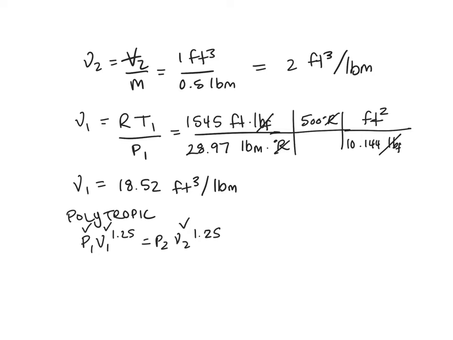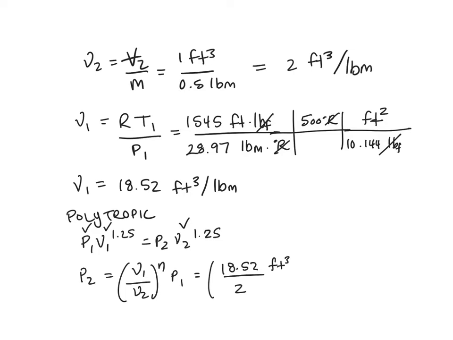So we can do a little bit of algebra here, and pressure 2 is going to be equal to V1 over V2 to the n times P1. And we put numbers in here, we're going to have 18.52 over 2. Both of those are in cubic feet per pound mass, so that'll cancel.